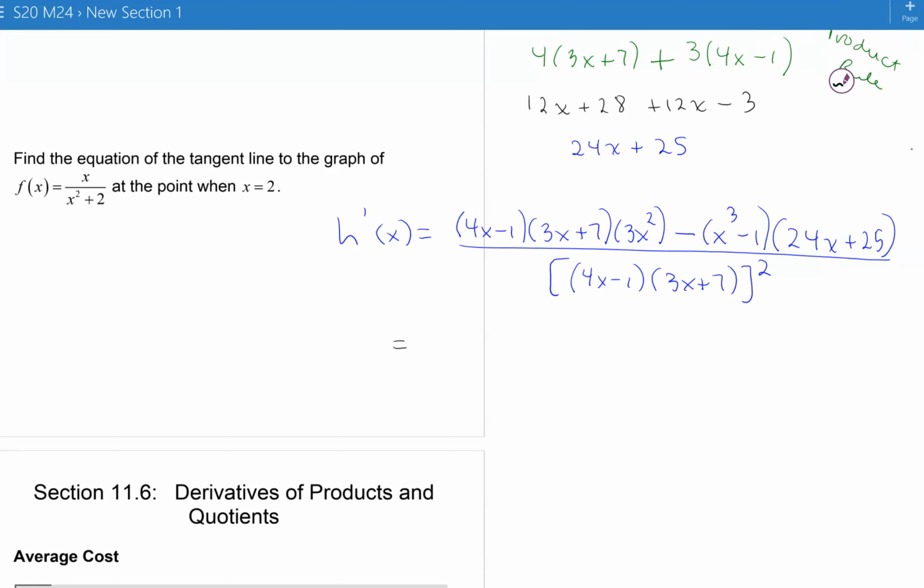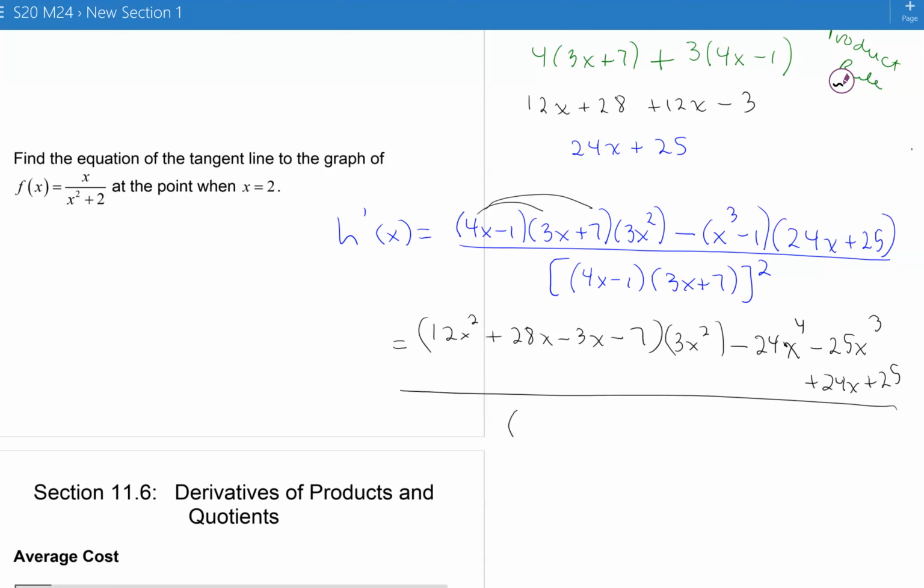So let's see what we've got. I'm going to FOIL here and get 12x squared plus 28x minus 3x minus 7. And that still needs to be multiplied by 3x squared. And I'm going to have minus 24x to the 4th minus 25x cubed plus 24x plus 25.